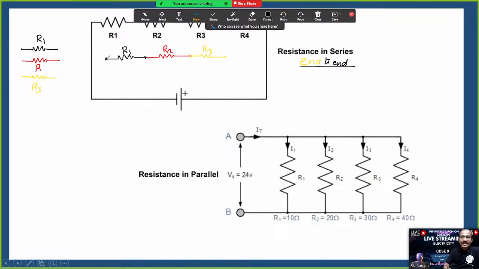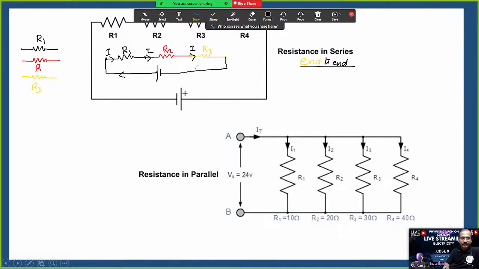Now these end-to-end resistors you connect to a battery. While connecting the battery, the current I will be the same across R1, across R2 and across R3.